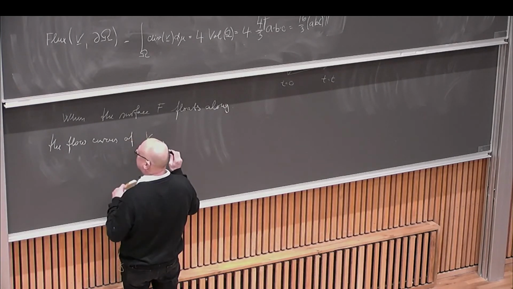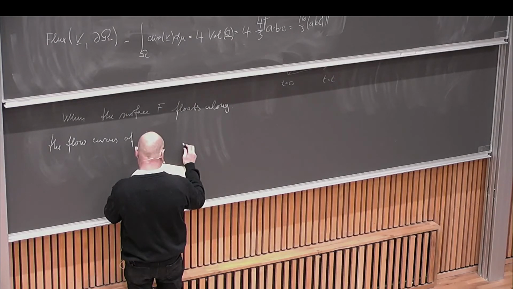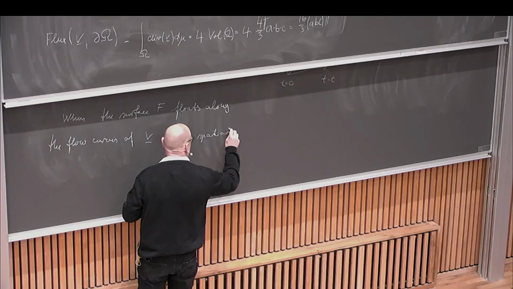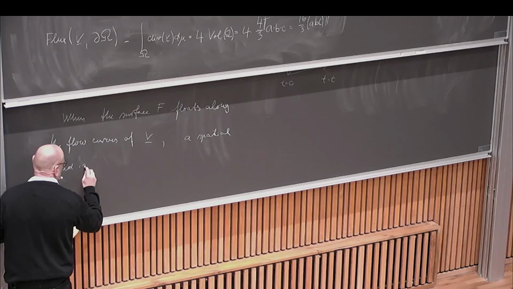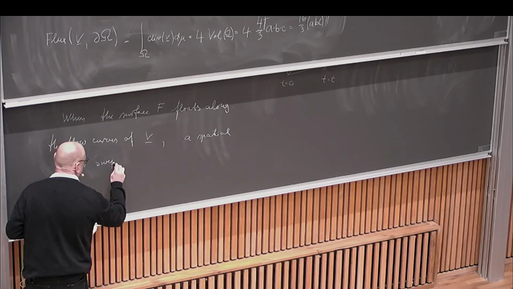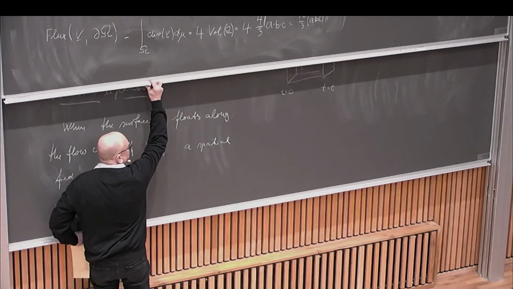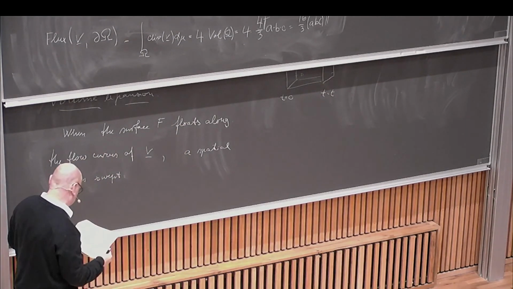I write here, when the surface F floats along, a spatial field is swept. And in this case here, it's this box here that is the spatial field.